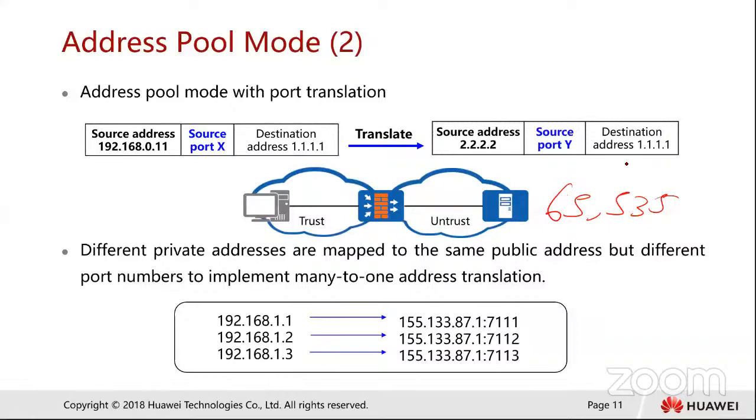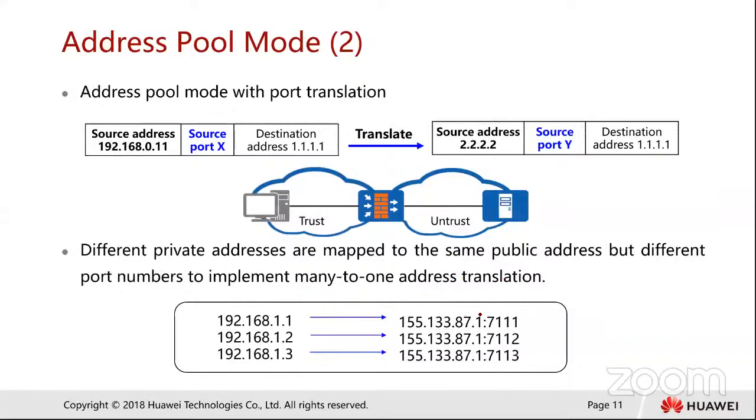Compared with one-to-one or multi-to-multi address translation, this mode greatly improves address utilization, and address pool mode with port translation is commonly used. People usually use this kind of address translation because you can use one IP address, like you see in this illustration. You are using different addresses mapped to the same IP address but different port numbers to implement many-to-one address translation.